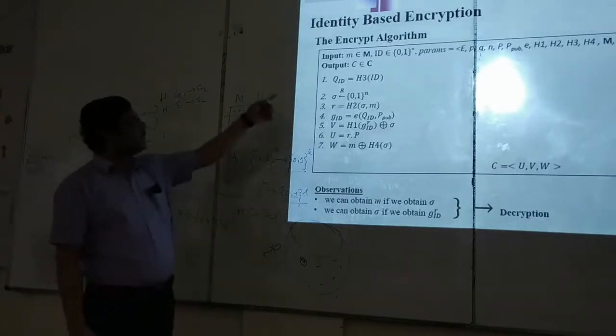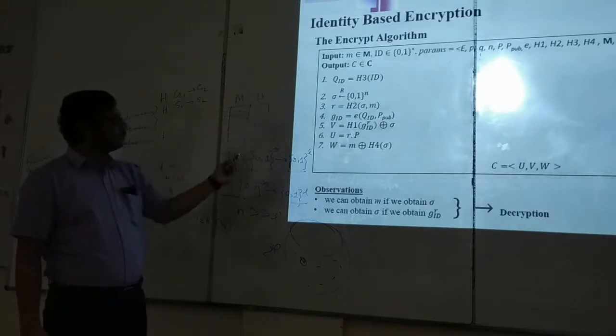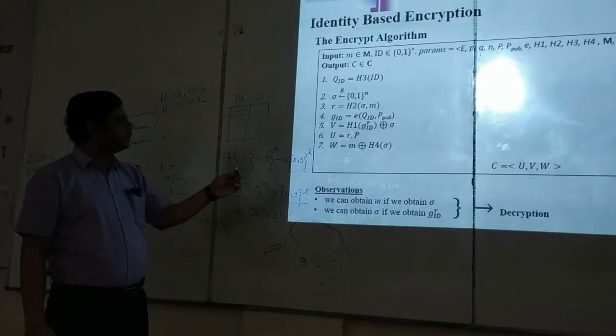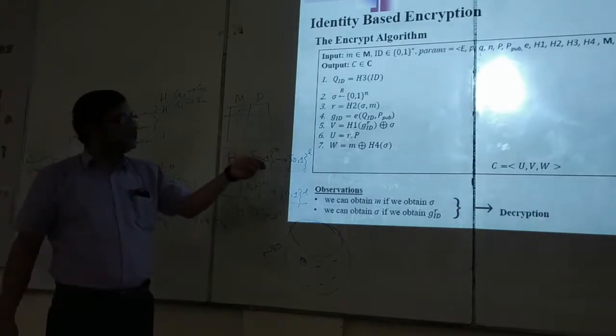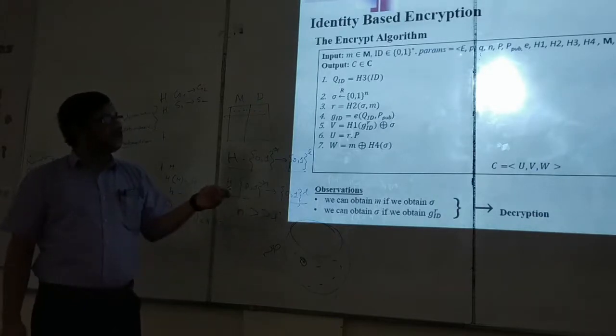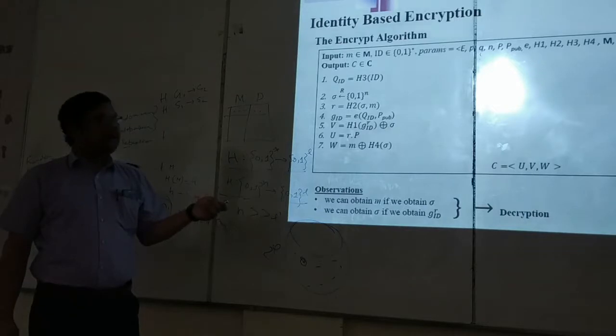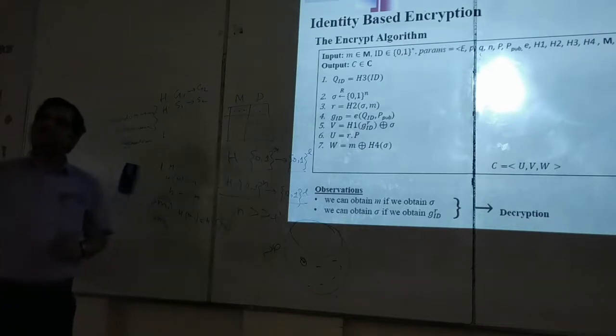So the inputs are the message, the identity to whom it should be sent, and the parameters. Parameters include all the things: the elliptic curve, the prime numbers p and q, the n, the P, P_pub, the bilinear map, all the 4 hash functions. All are supposed to be global, known even to the attacker.